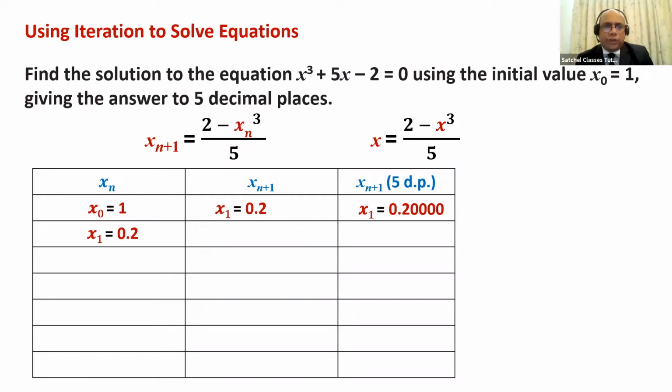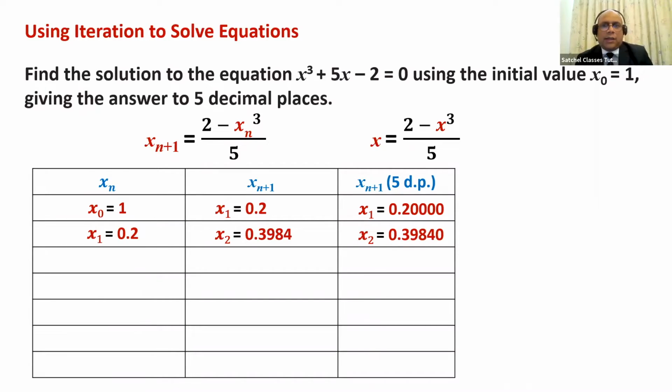So now x1 is 0.2. So xn plus 1 will be 2 minus 0.2 cubed divided by 5, correct? Which is 0.3984. Because this is the output of the second iteration, this will be termed x subscript 2, x2. Now that number, when rounded to 5 decimal places, is 0.39840.